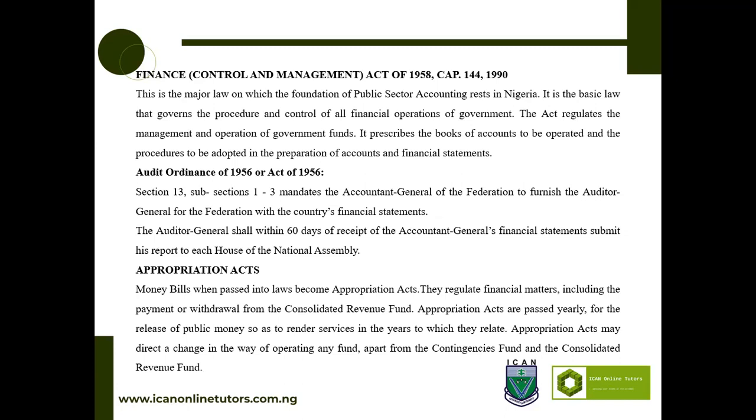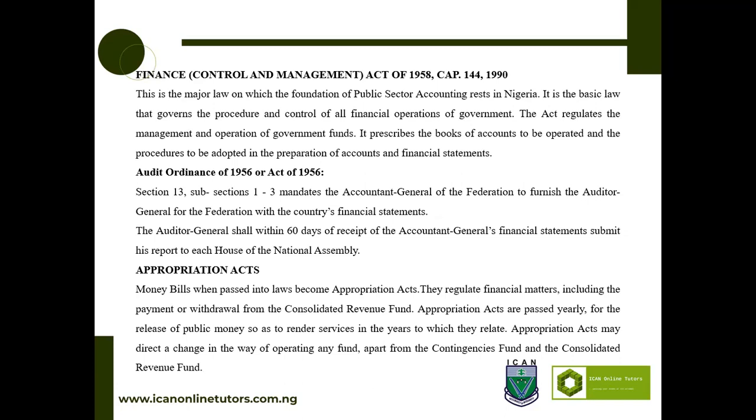We have the Appropriation Act. Money bills, when passed into law, become the Appropriation Act. They regulate financial matters, including payments or withdrawals from the Consolidated Revenue Fund. These are passed yearly, every year.